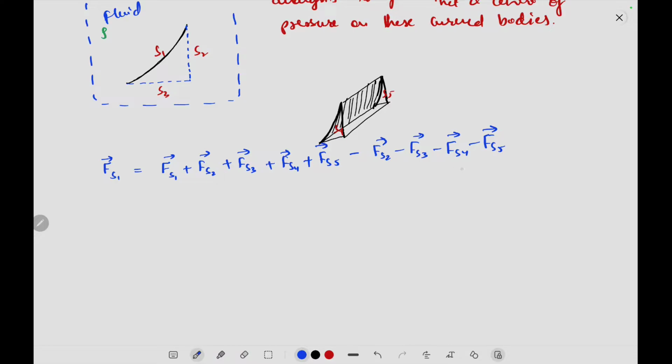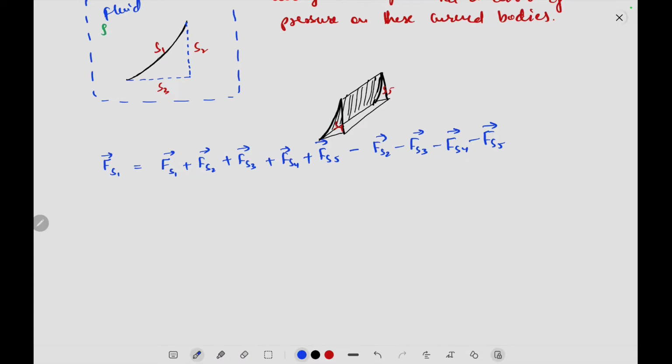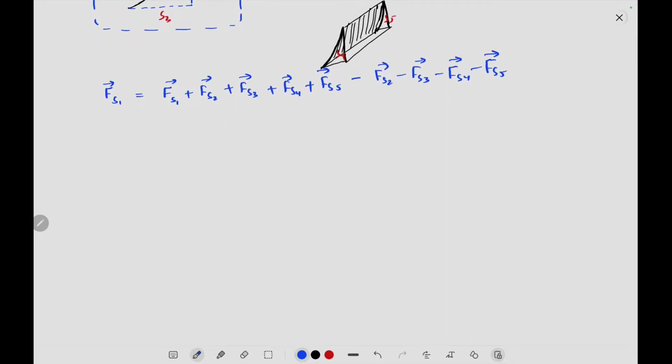Just adding and subtracting the same thing will give you Fs1, right? Now what is Fs1? Fs1 would be minus the integral over S1 of n hat p dS. Is that clear why the negative sign is there?